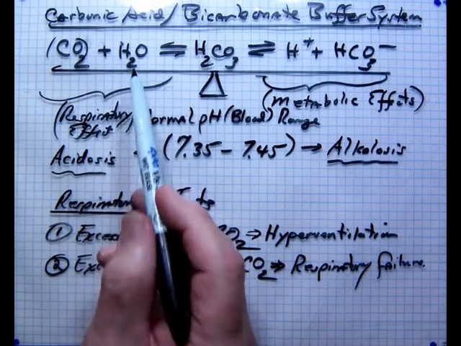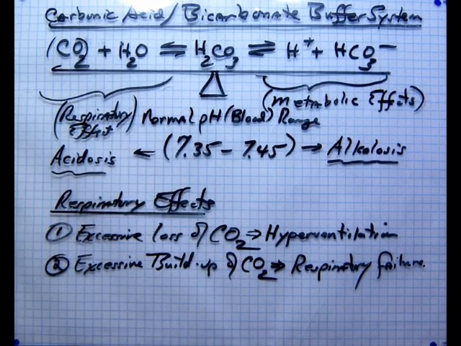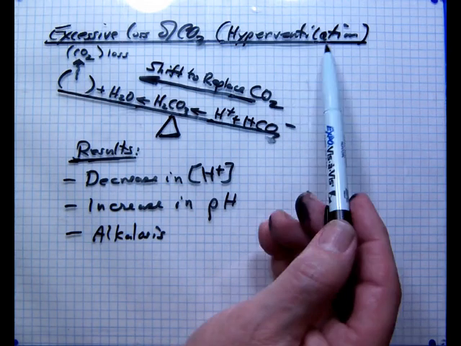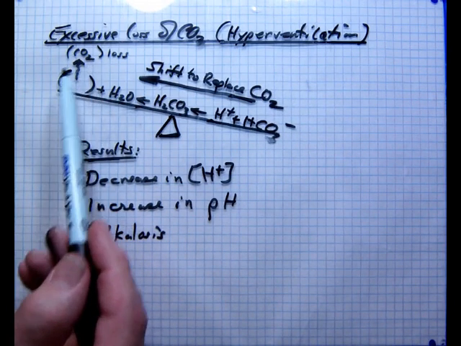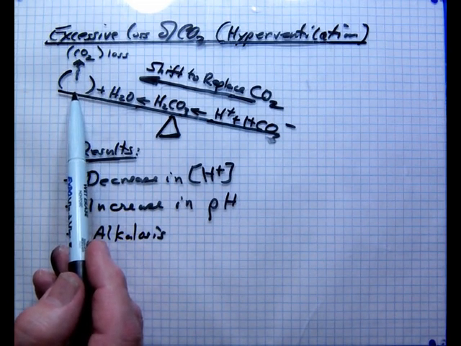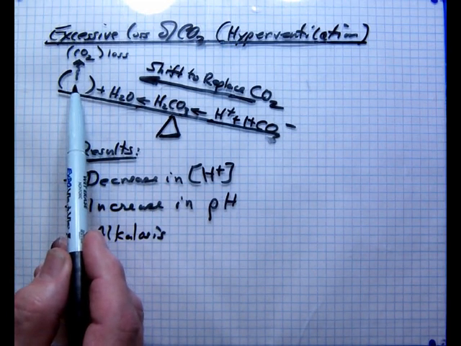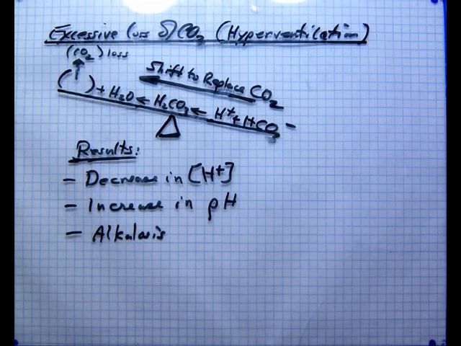So in the case of loss of CO2, okay, let's look at an excessive loss of CO2 and see what effect it has on this equilibrium. Now, hyperventilation, an excessive loss of CO2, this part of the seesaw, if you would, loses weight and would cause the shift, as you see it, like this.